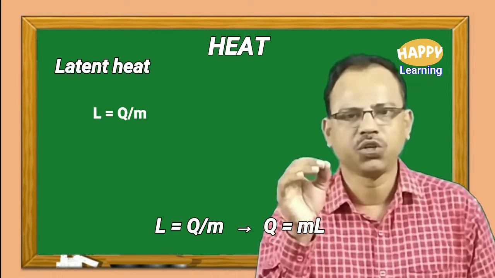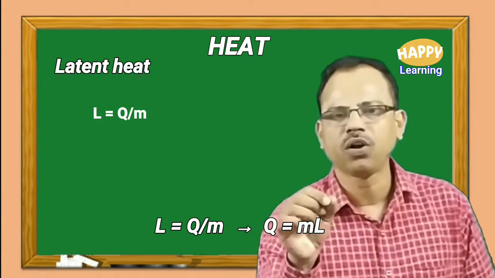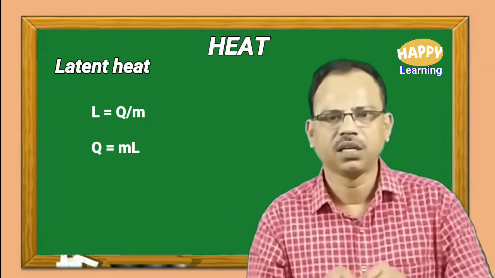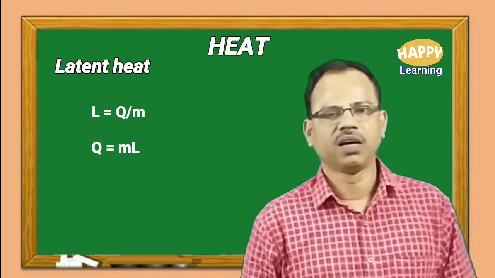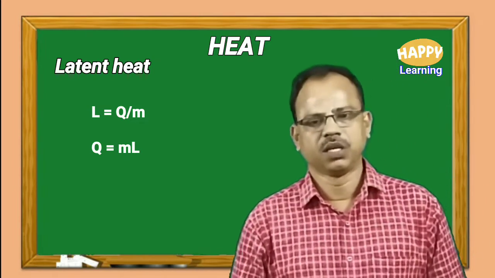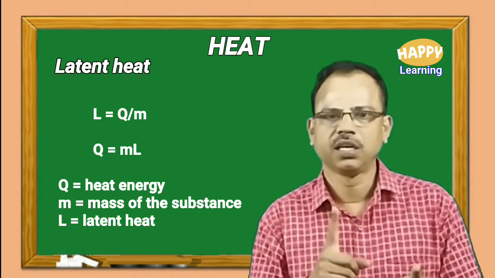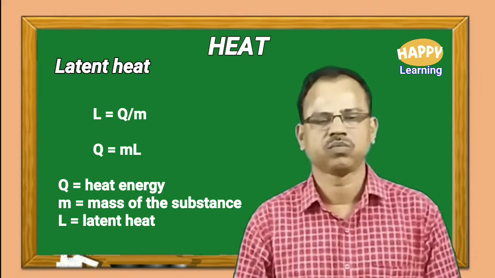So, L equal to Q by m. If you do cross multiplication, you can write Q equal to mL. Highlight this. This is one of the most popular formulas in numerical problems. Here Q is the heat energy, m is the mass of the substance, L is the latent heat.